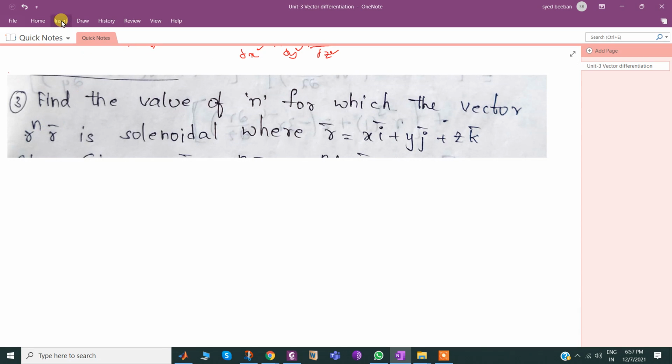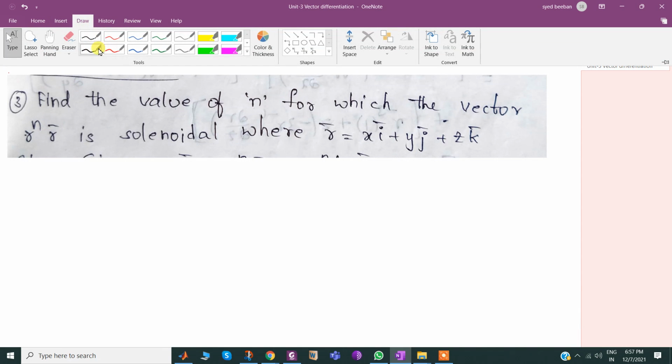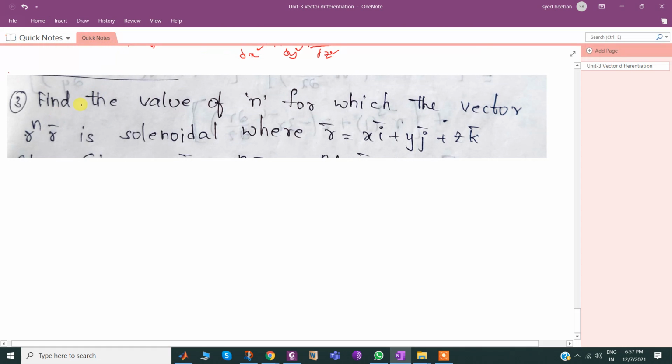Here, the first question we are supposed to ask is whether r is a scalar or a vector. Since this r bar makes the entire expression a vector, if we recall the related content, r bar equals the standard form x i bar plus y j bar plus z k bar.